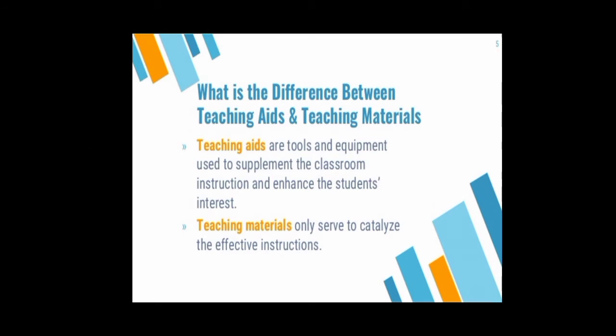So for teaching aids, this will help the students to retain more concepts, motivate properly, develop proper engagement, and complete examples. And these are the types of examples for teaching aids: visual aids, audio aids, and audio-visual aids.